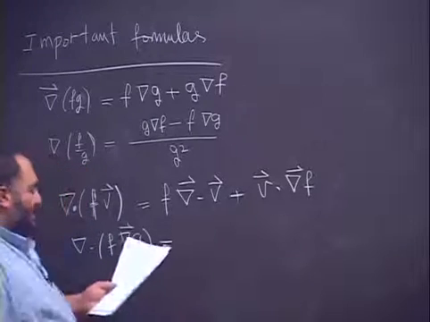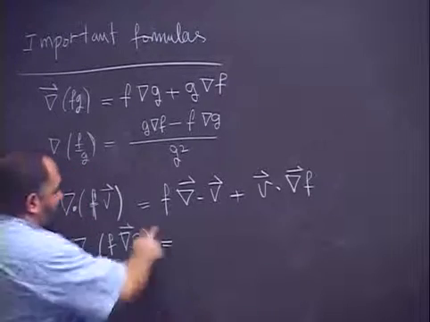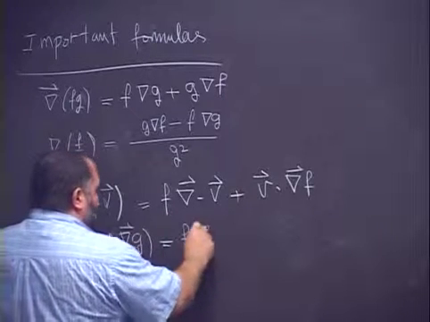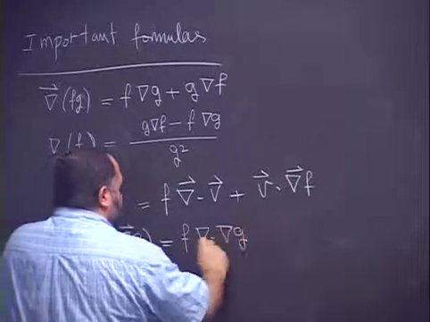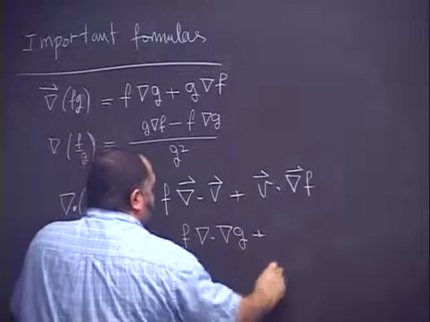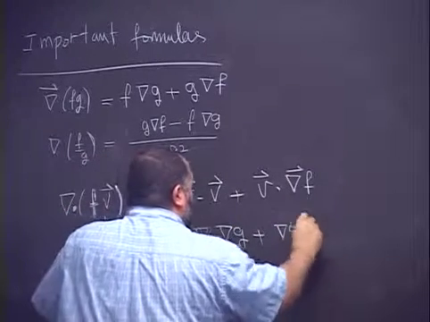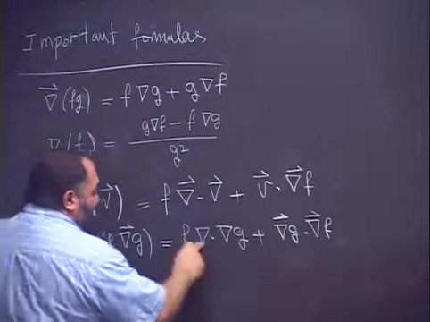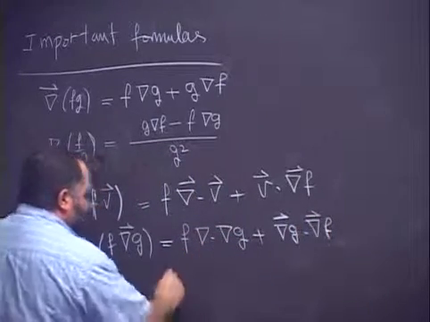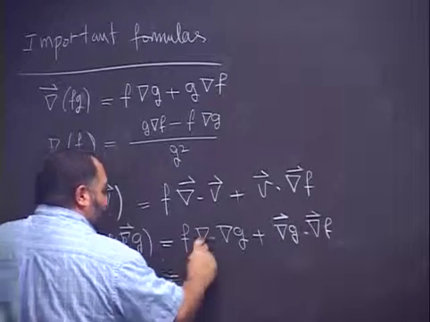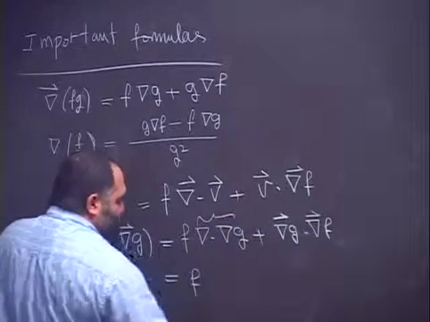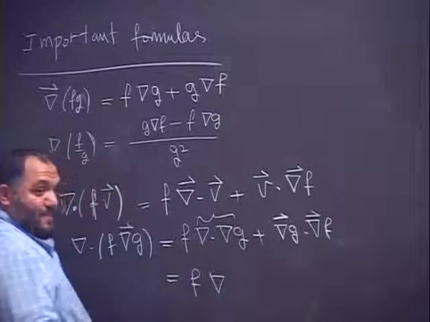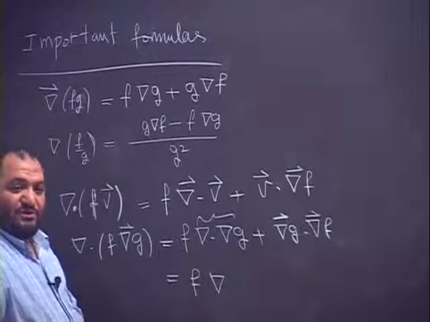So this is exactly the same. If you follow this, this will be what? f divergence of gradient of g, plus the gradient of g dot the gradient of f. What's divergence of gradient? When you have two vectors dotted with each other, what does it mean?